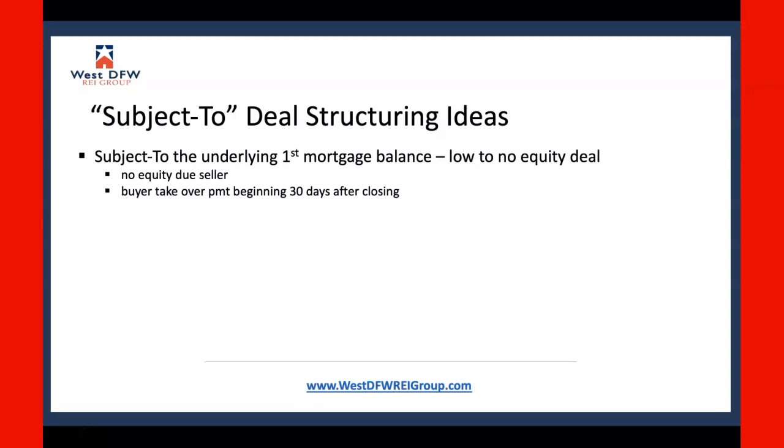Do you want 20? Do you want 30? Again, if you're leveraging other people's money, and if you don't have to close on it till you find the buyer who has a big chunk down for down payment, it's really similar to doing wholesale deals. So you need to think about that.